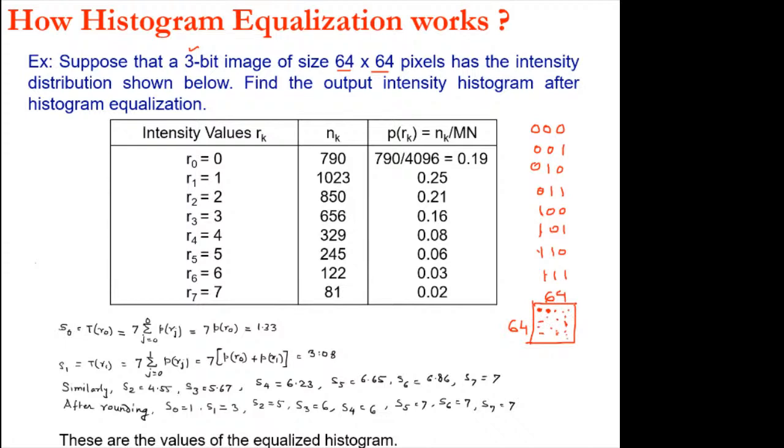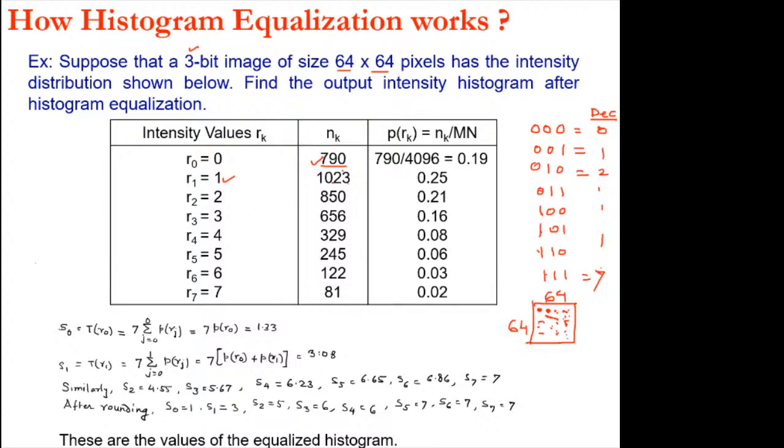So he says that intensity level 0, अगर इसको डेसिमल में कन्वर्ट करो, so this is 0, this is 1, this is 2, and so on up to this is 7. You know that. So intensity value 0 पे there were 790 pixels in the image. समझ में आ रही है बात? There were 790 pixels. Similarly, at 1, the intensity value 1, so many, like that.